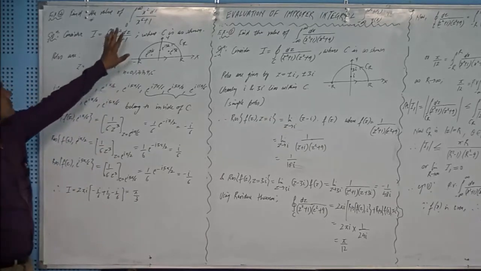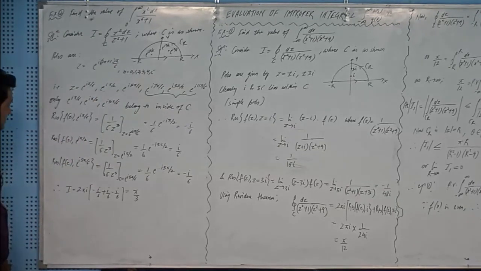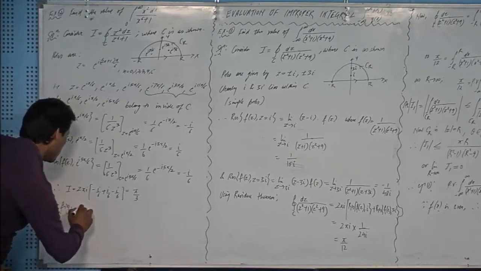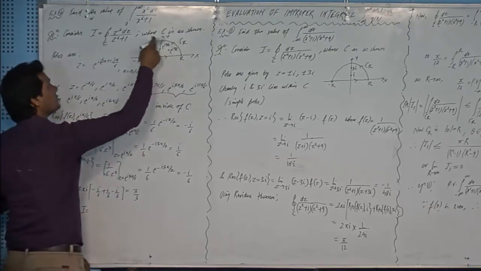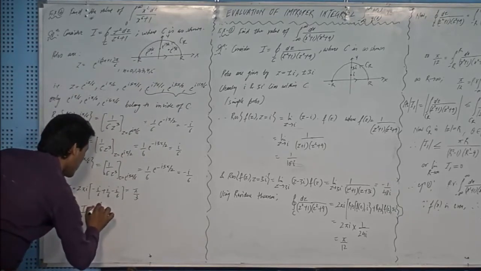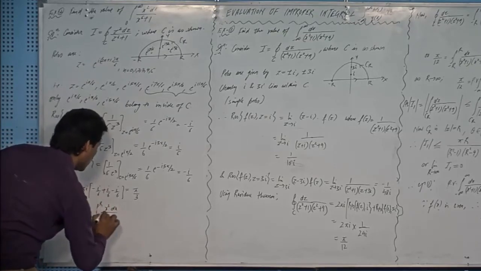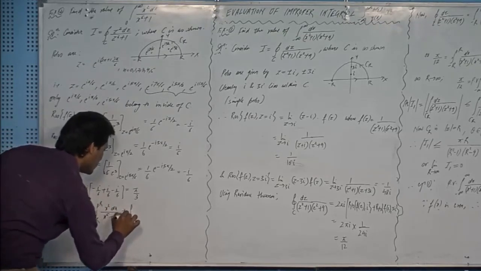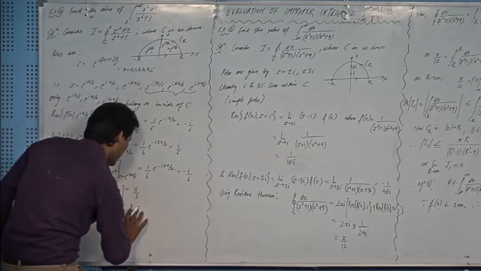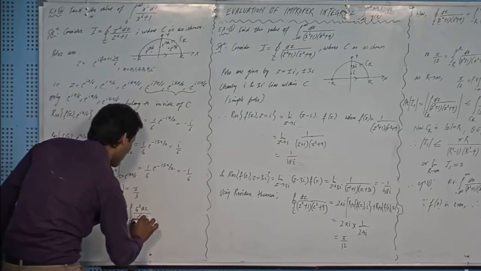But we have to evaluate this real integral, and again we have to use that procedure from the figure. From the figure, you can see that the whole complex integral I is equal to the union of two integrals: x square dx over x to the power 6 plus 1, and the semicircle contour z square dz over z to the power 6 plus 1.